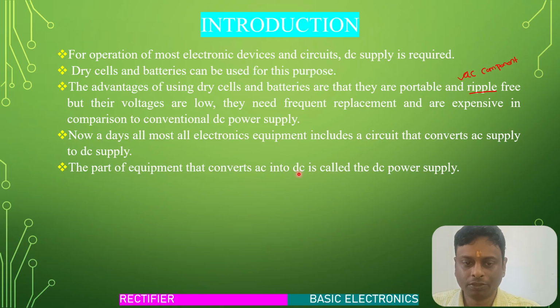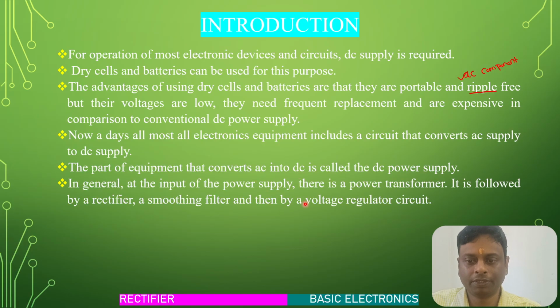In a DC power supply, there is a power transformer, which is a step down transformer. It is followed by the rectifier unit, then a filter, that is a smoothing filter, then a voltage regulator circuit.